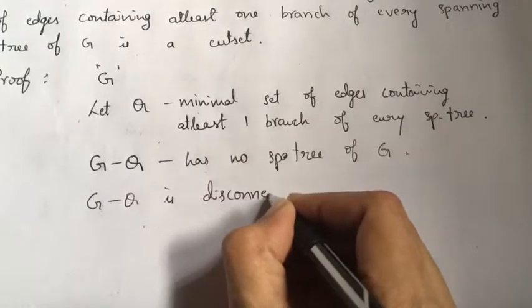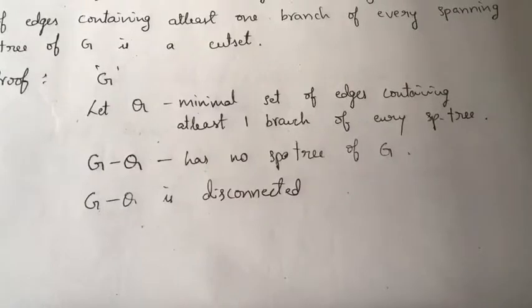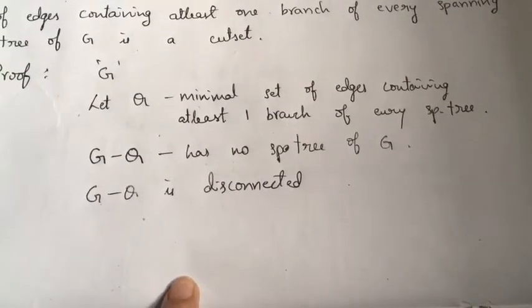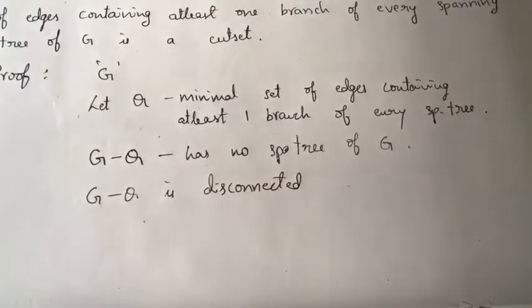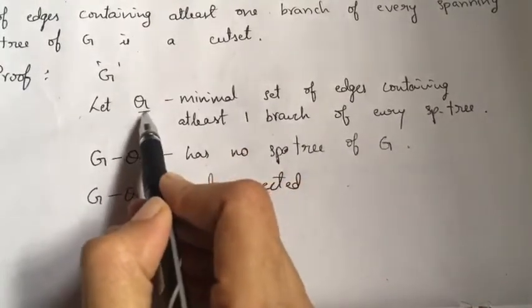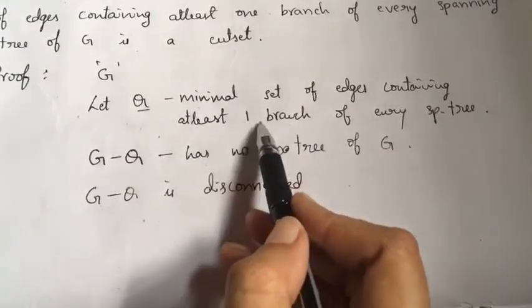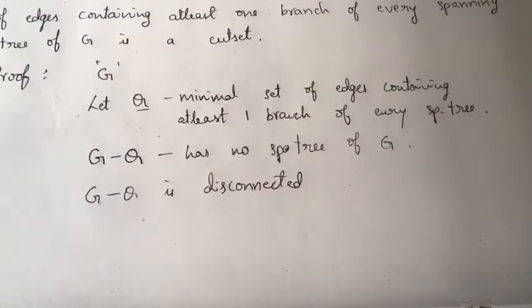In fact, it has got one such component which has got only one isolated vertex. Also, since Q is a minimal set of edges with this property, Q is the minimal set of edges which has got one branch of every spanning tree.